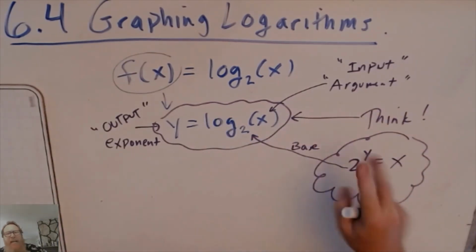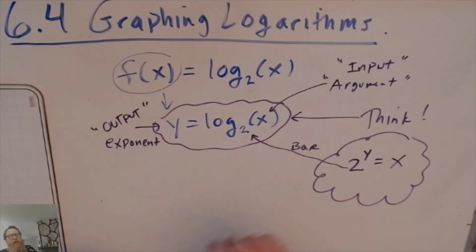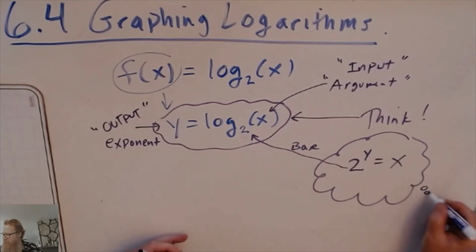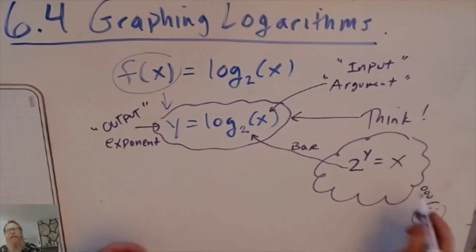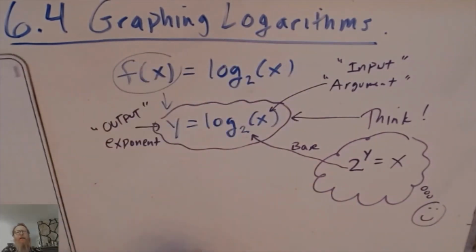So it is exactly the opposite, or the inverse, of what we were talking about the other day. So this is just what you're going to be thinking when you actually calculate the values that we're going to be putting on the graph board in a second.